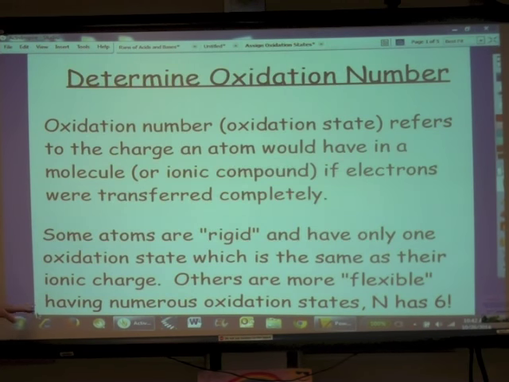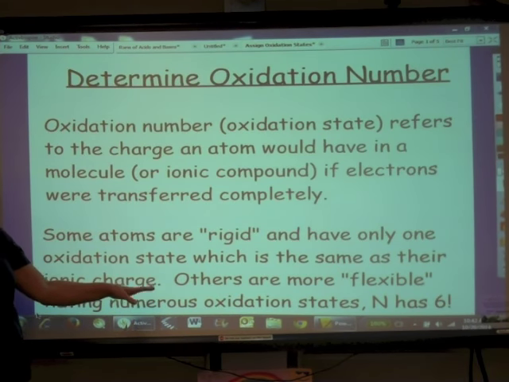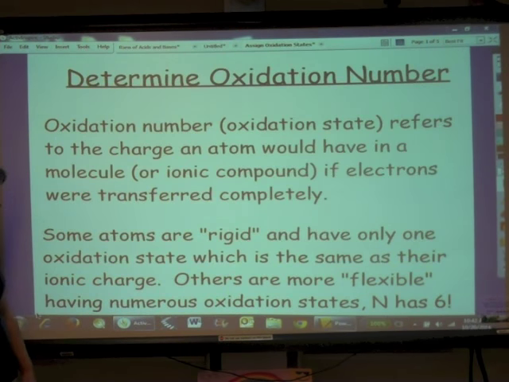But there are other non-metals, generally, that are more flexible, having numerous oxidation states. Nitrogen has 6 different oxidation states. Okay, so the skill we're going to learn today is actually really easy.